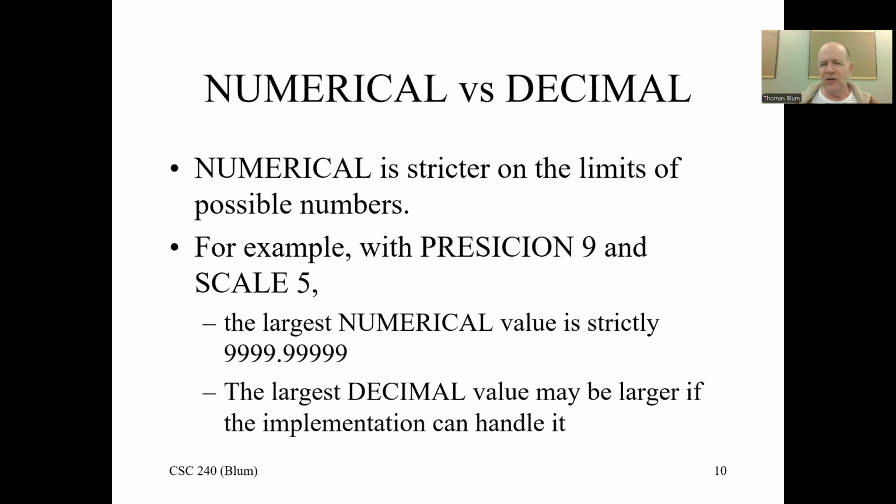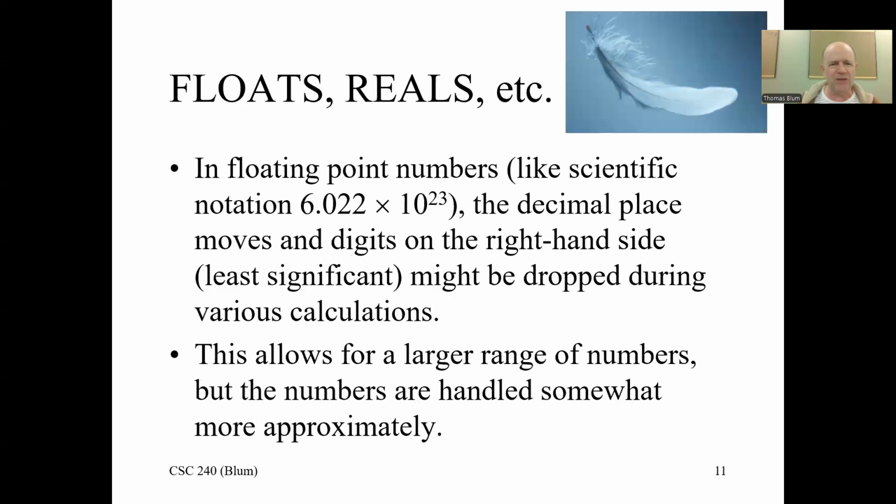Numeric is similar to decimal, but it's a little bit stricter. One might allow a little wiggle room at the end. Under the hood, everything is bits, and one will be a little bit stricter with the limits than the other, but they serve a fairly similar purpose.